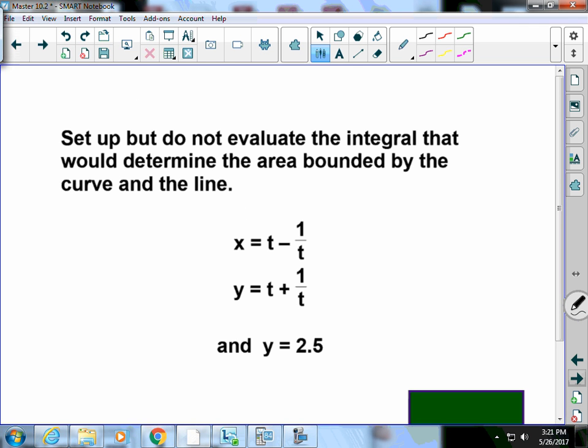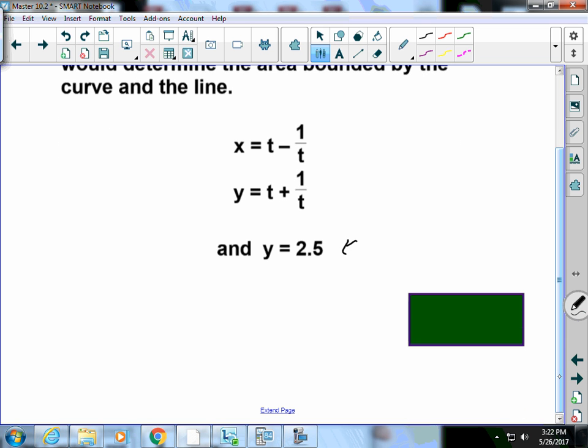All right, so this time we want to set up but do not evaluate the integral that would determine the area bounded by this curve and y equals 2.5. So this is what it looks like. Hold on for a second.